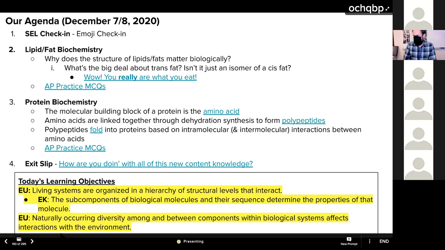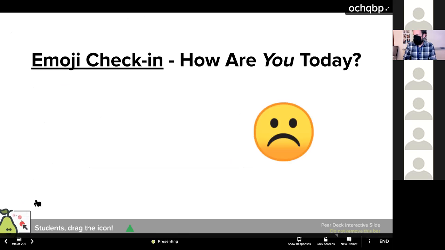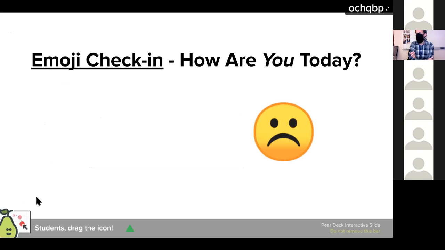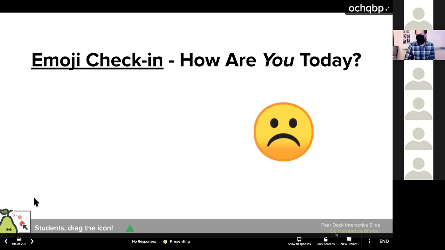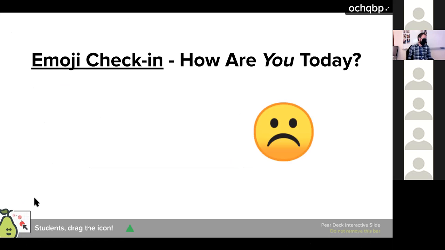Let's see if my check-in will work better. No, still not working like it's supposed to. There's supposed to be different emojis, not just the one. So unless it applies to you, you don't have to drag your dot to the one sad face. But it's kind of how I'm feeling today. So if I could drag my dot, that's where I would be.